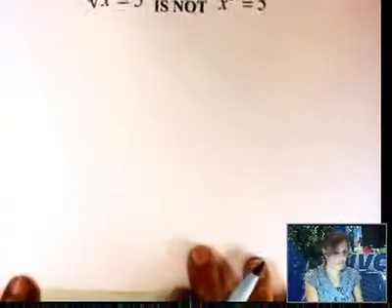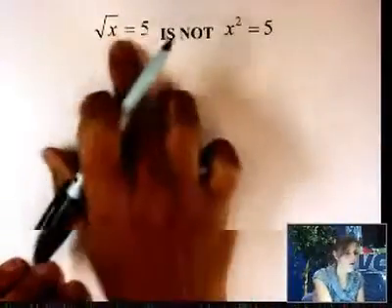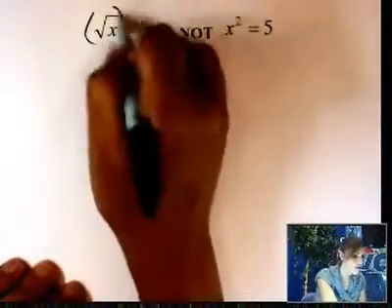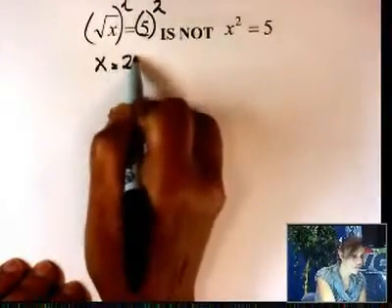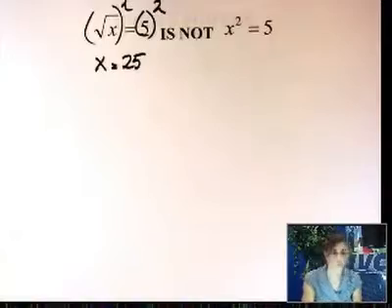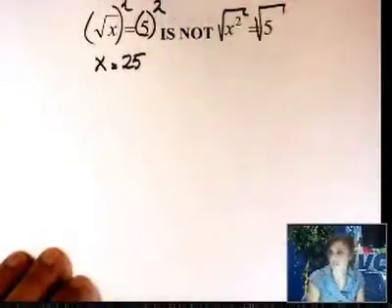Now, a word of caution. What is this? Understand the difference between this problem and that problem. When you're doing this problem, you raise them to squares and you get x equals 25. When you have this problem, you take the square root of both sides.